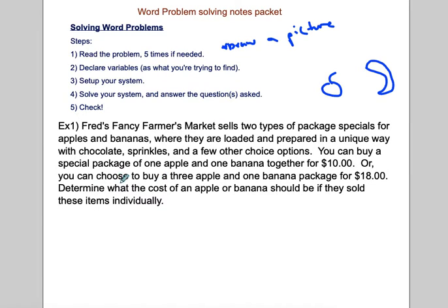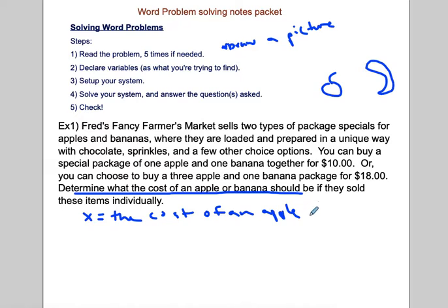Worth it. All right. So step 2, declare variables. So what are we trying to find? Determine what the cost of an apple or banana should be. So you can choose X and Y, or you can choose A and B. Some people like to do that. I'm going to stick with X and Y here. So let's let X equal the cost of an apple package, if you will.